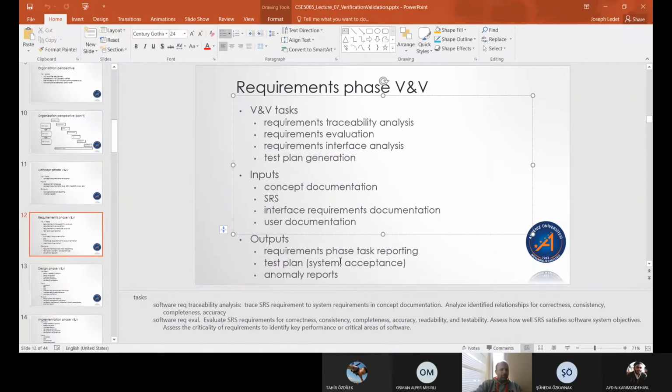So even back in the requirements, we are thinking about how to test what we're going to develop. That may seem counterintuitive, because you might ask, well, how can you write tests for code that doesn't exist?